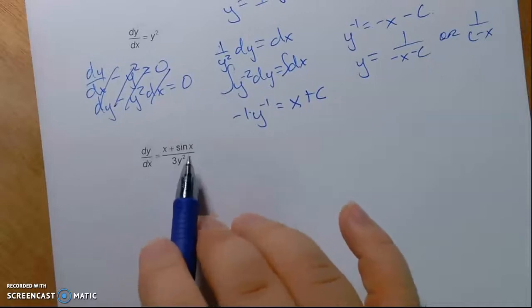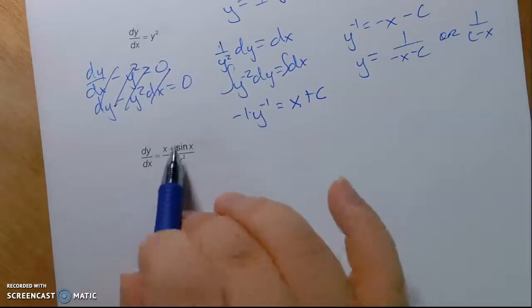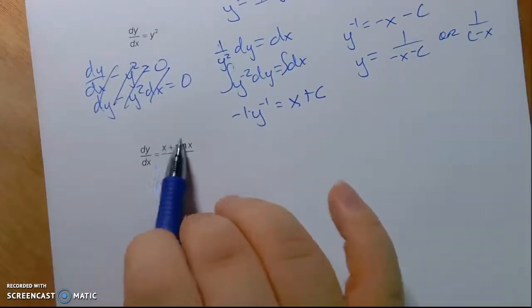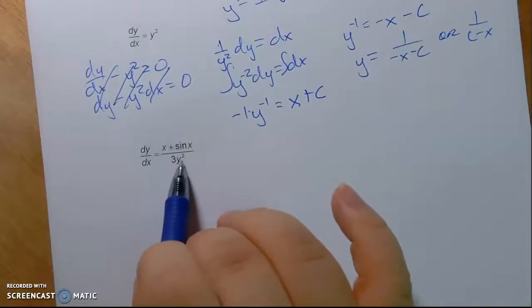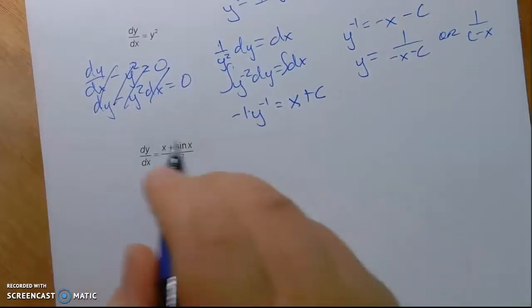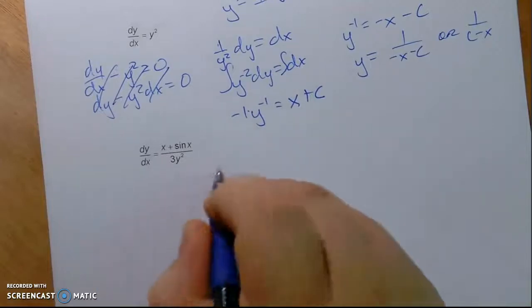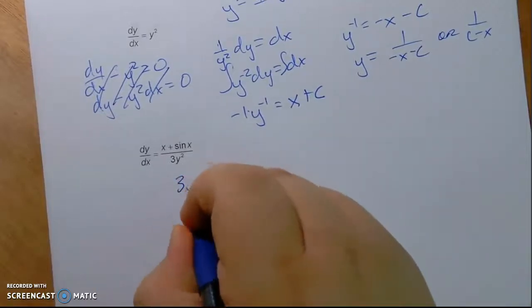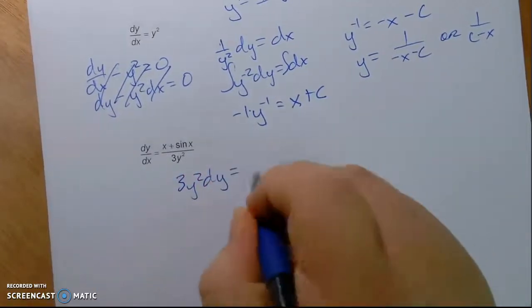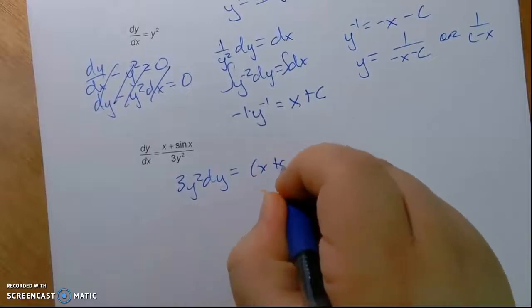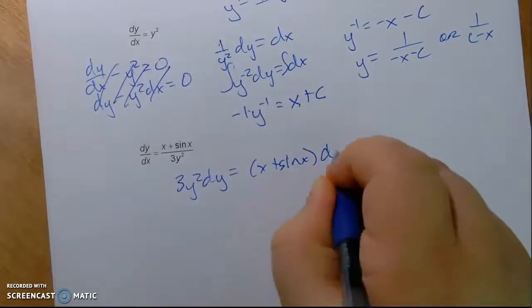All right, here's the next one. Throwing in a little bit of trig. Again, watch this plus sign. It's not going to do anything in this case because we're just going to multiply by our denominator. Again, we're getting rid of fractions, so that's okay too. 3y squared dy equals x plus sine x dx.